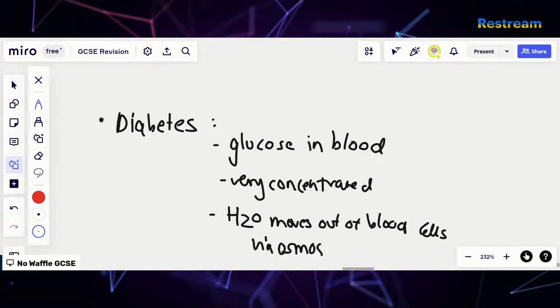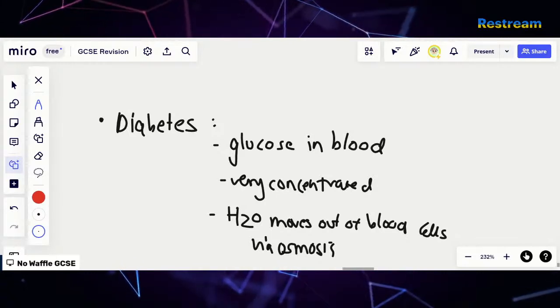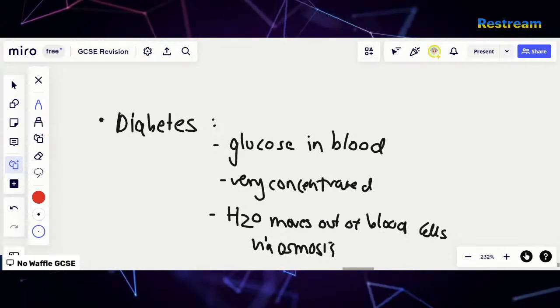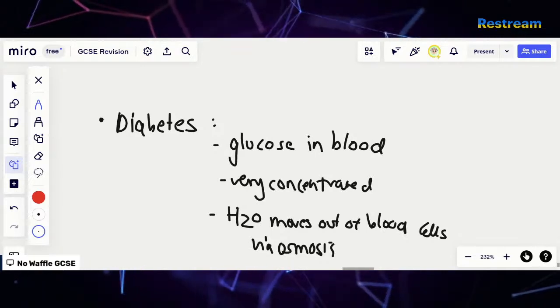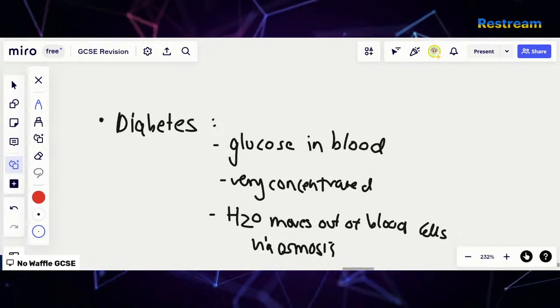This is sort of a hard one to get your head wrapped around, but what it's saying is that because you have diabetes, you have more glucose in your blood. So your blood is very concentrated, so the water moves out of the blood cells via osmosis, so you can carry all of this extra glucose.